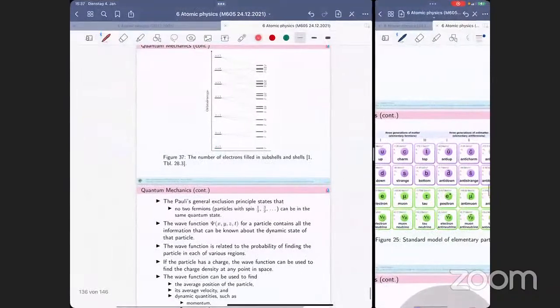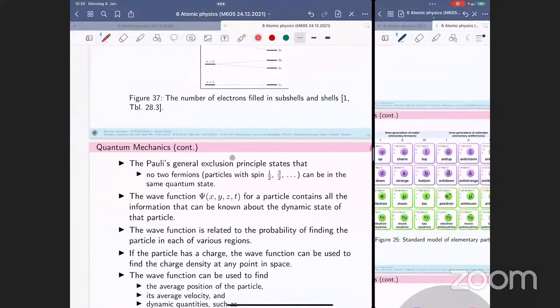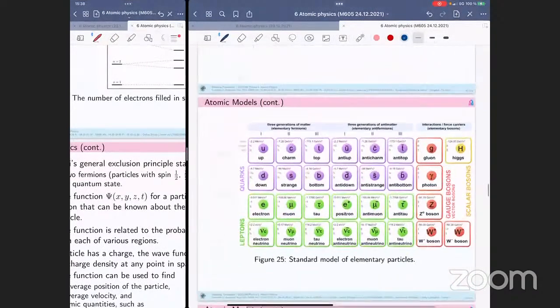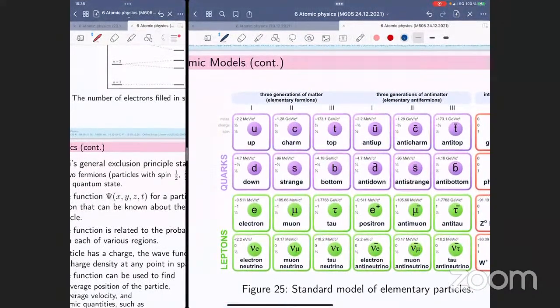Yes, Wolfgang Pauli's general exclusion principle states that no 2 fermions can be in the same quantum state. A fermion is a particle with a half-integer spin number. You know that an electron can have spin number 1/2 and -1/2, right? But other fermions may have a spin number which is not 1/2. It could also be 3/2 and so on.